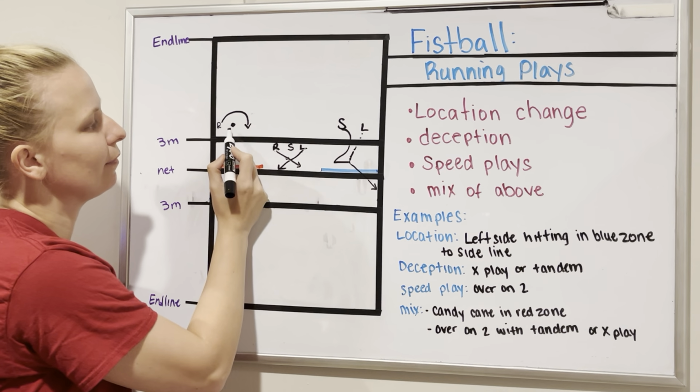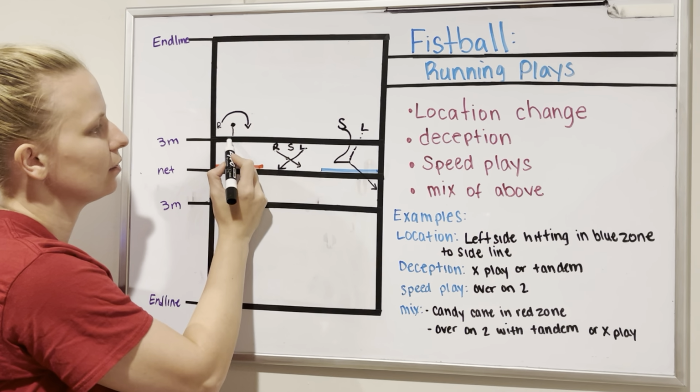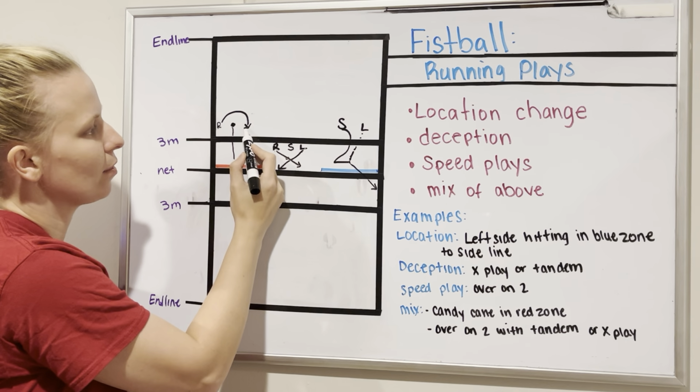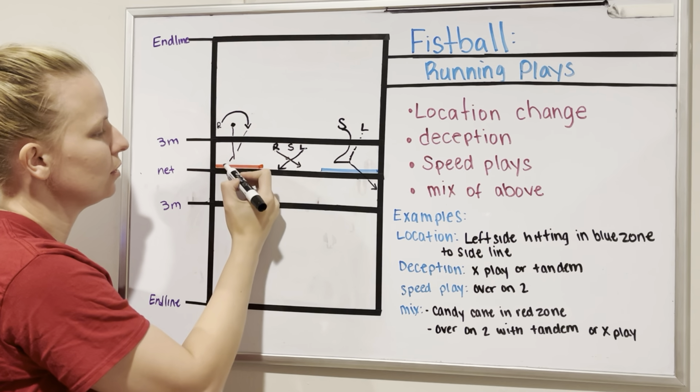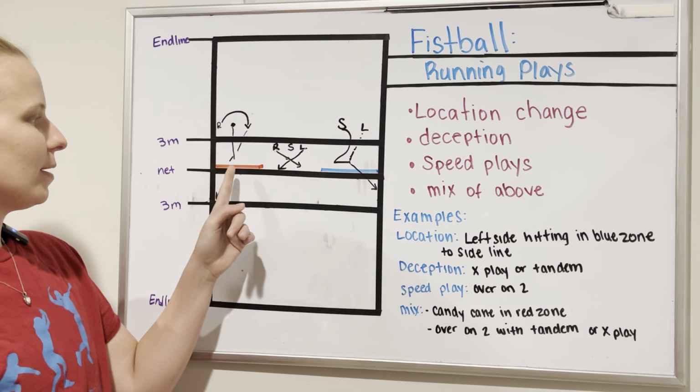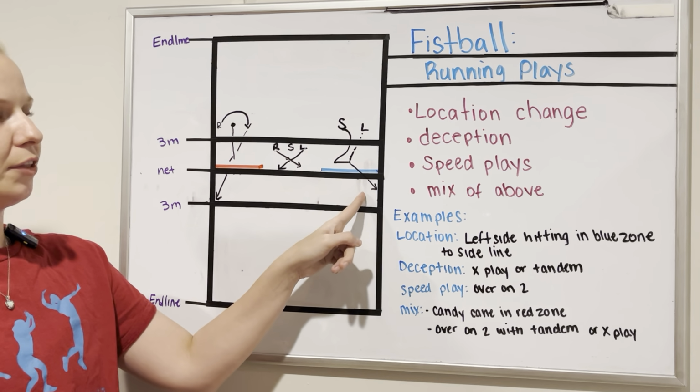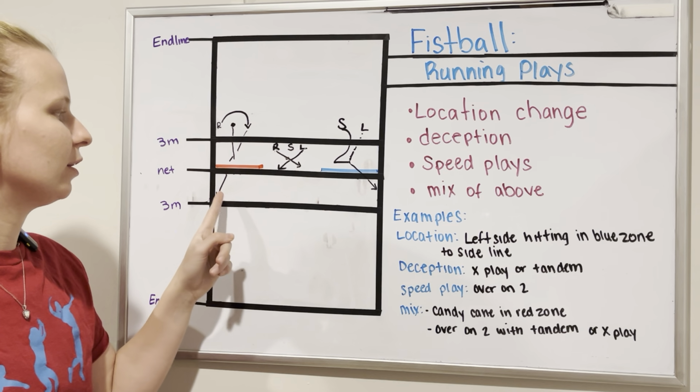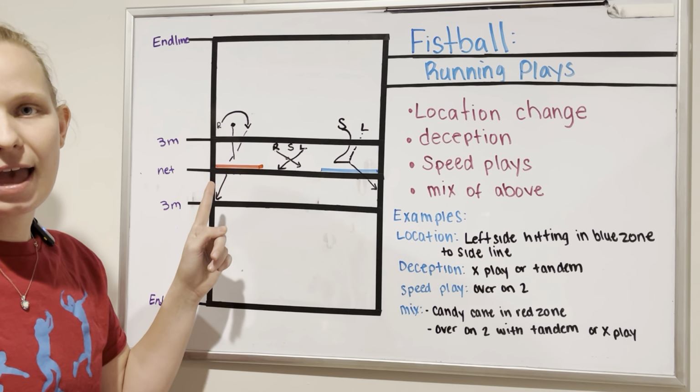And if the setter sets the ball straight towards the net, they can create a hard angle and hit the ball over the net here. Just like the left side striker, even a right-handed player can utilize this shot and get the ball close.